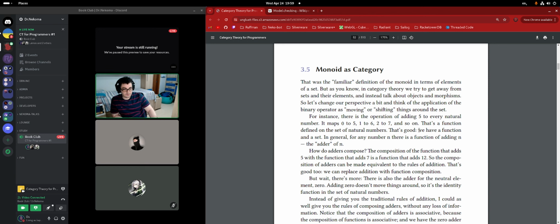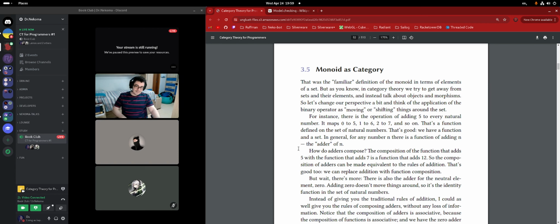So now we have a function and we have a set, right? The set is the set of natural numbers, and the function is this supposed moving or shifting. And how do the adders compose? Easy, because if you have an addition and then you do more addition, you can compose these two additions into a greater addition.